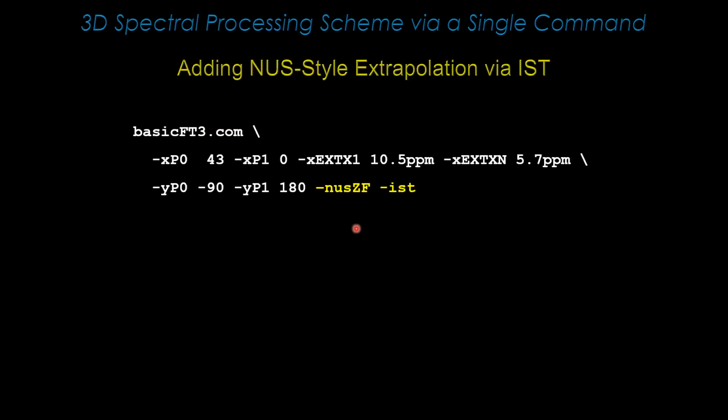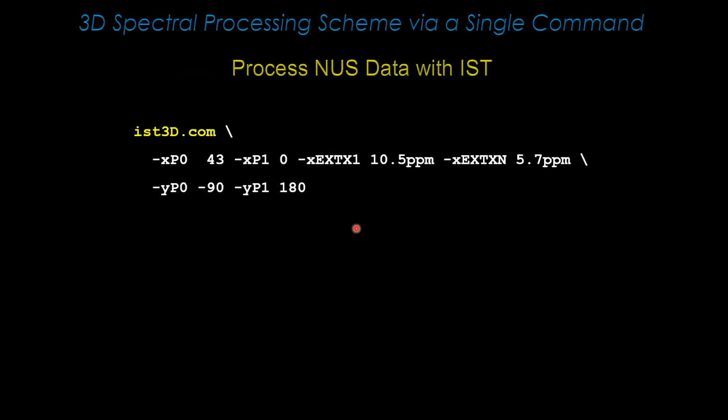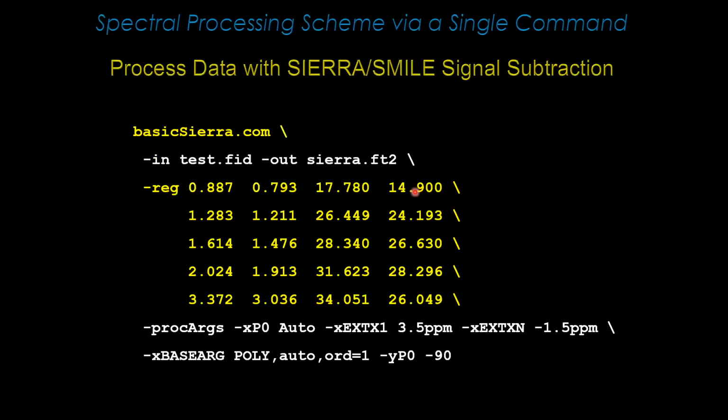And when I'm ready to do a complete IST reconstruction, I just use a different script, IST3D, that takes pretty much all the same arguments. If I want to do SMILE instead, parameters are more or less the same. It's just a different script name. And for the Sierra and SMILE signal subtraction that we've seen before, all the details are the same.